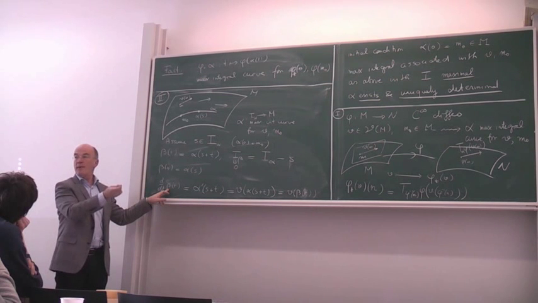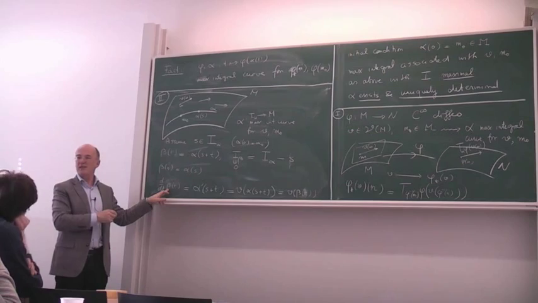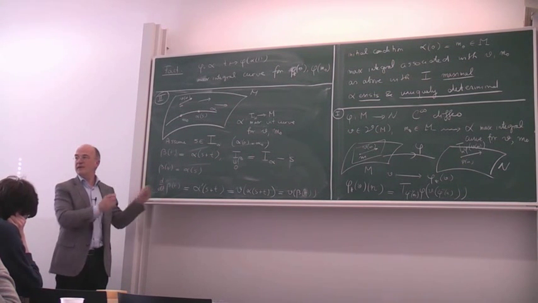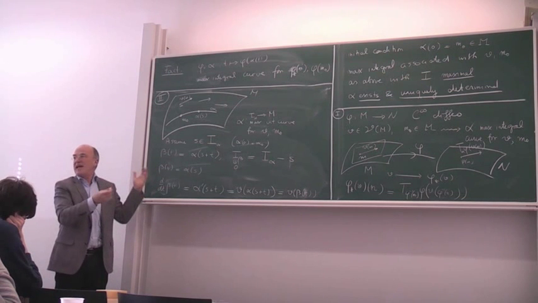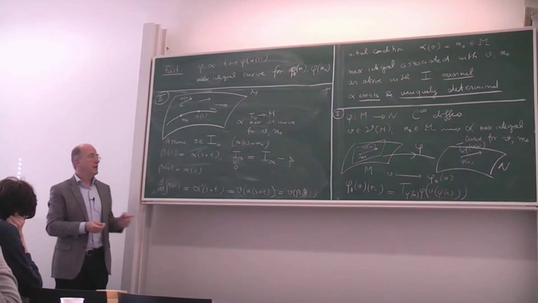And it's quite clear, you can go back and forth, and in this way you see that beta is actually the maximal integral curve. Because if beta had a bigger domain of definition, then of course alpha should have had also a bigger domain of definition.